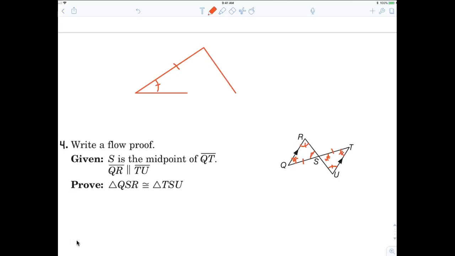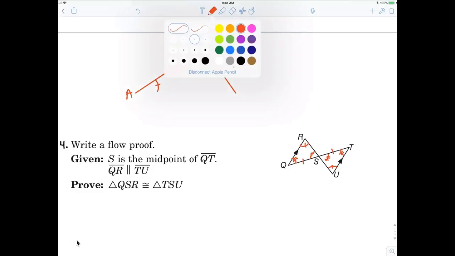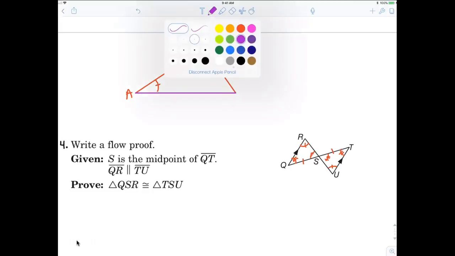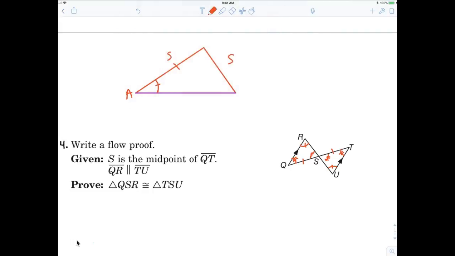So this is my angle, this is my side, and this is my side. Now, I'm going to create this right here for you. Now watch. So that right there is a triangle that's angle side side. You with me?